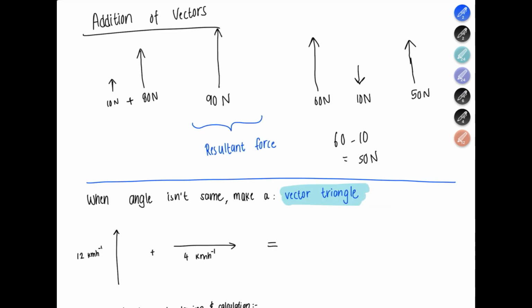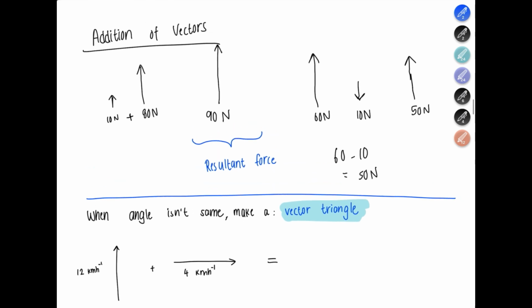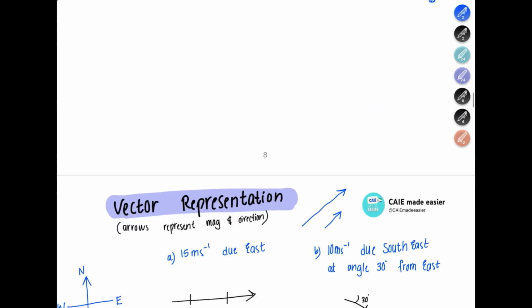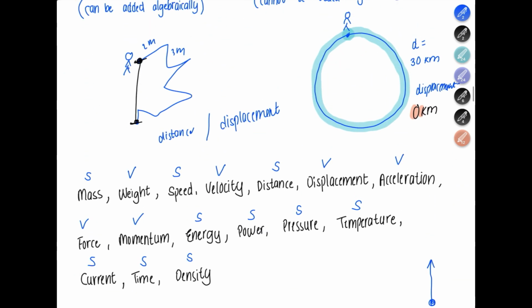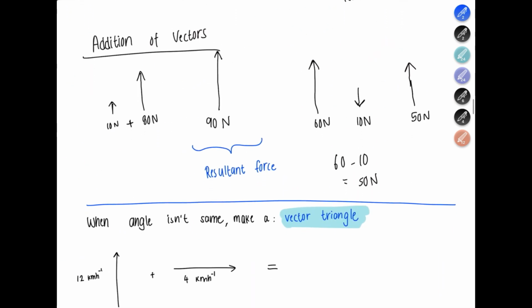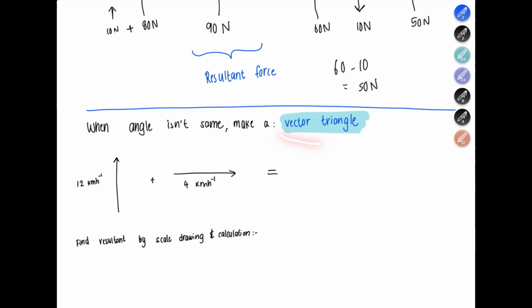Now in cases when vectors do not act in the same direction or in the opposite direction, you can't simply add them, like what we did here. Remember this example where one is in northeast and the other is in south? You can't just add or subtract them. So you have something called a vector triangle.